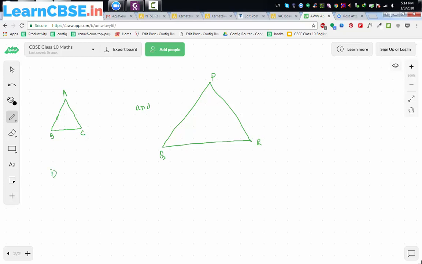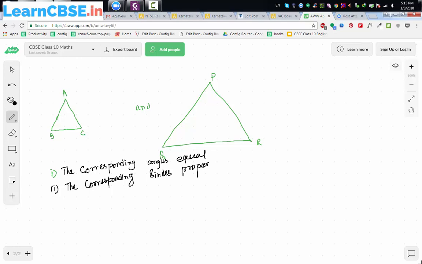The first thing is that either the corresponding angles should be equal, or the corresponding sides should be proportional.